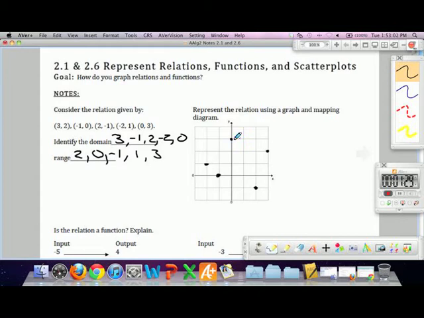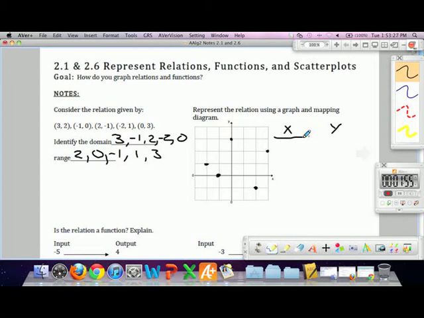Representing using a mapping diagram is what looks below. To use a mapping diagram, I'd have an input and an output, a domain and a range, or an x and a y. I'm going to list every unique domain entry, and ideally we'll put them in order. You can put them in whatever order you want, but you want to list them as unique entries, so we don't want to put any repeats.